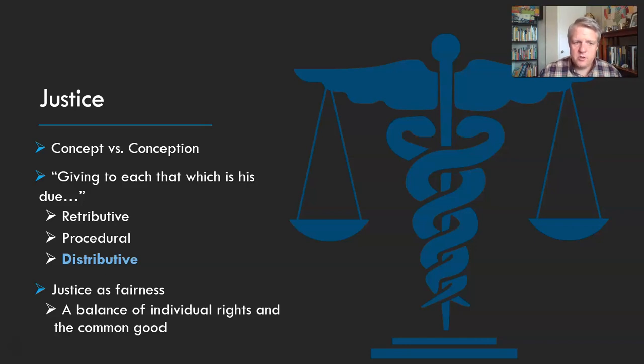Aristotle said that justice is giving to each that which is his due. We give to each person what is due to them, what is required to them. Now, what is due to someone is vague, right? Is it that everyone ought to receive an equal share? Is it that everyone ought to receive a share that is commensurate with the work that they've done?